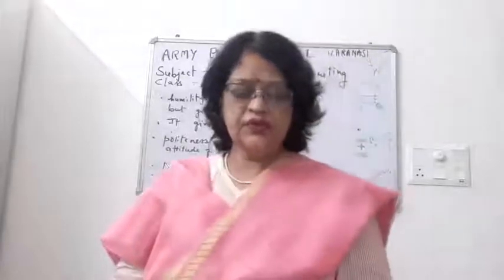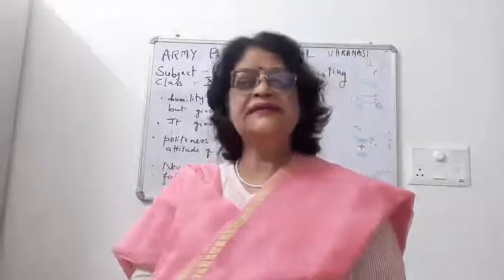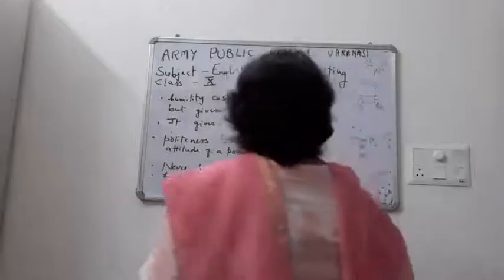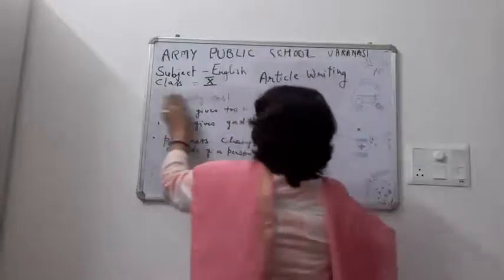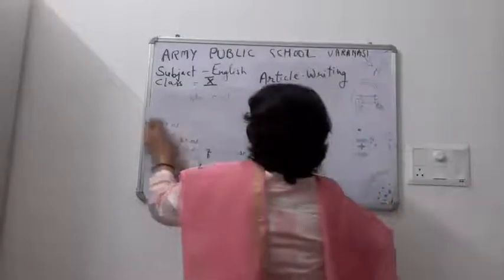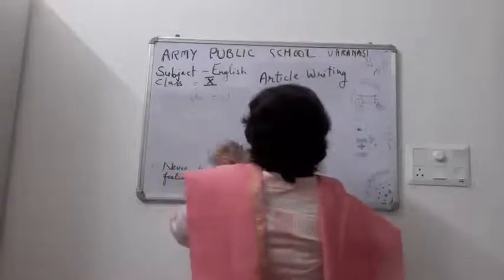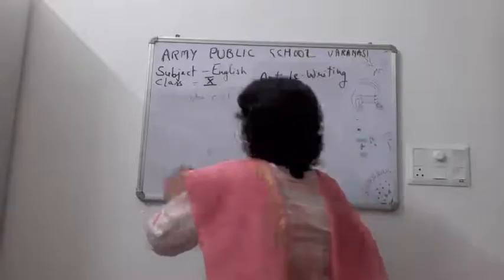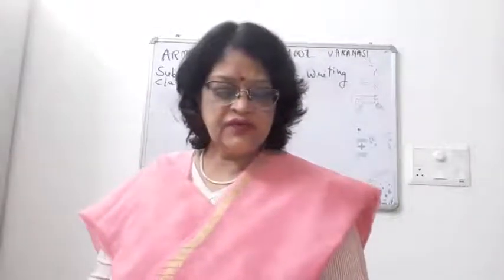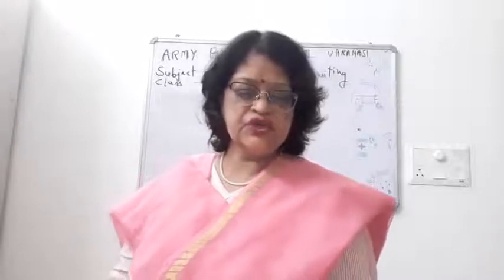Alright, so now we have to write a nice article, and a nice topic is there. So children, how to write it? The same format, you have to write a heading. So what heading will you write?